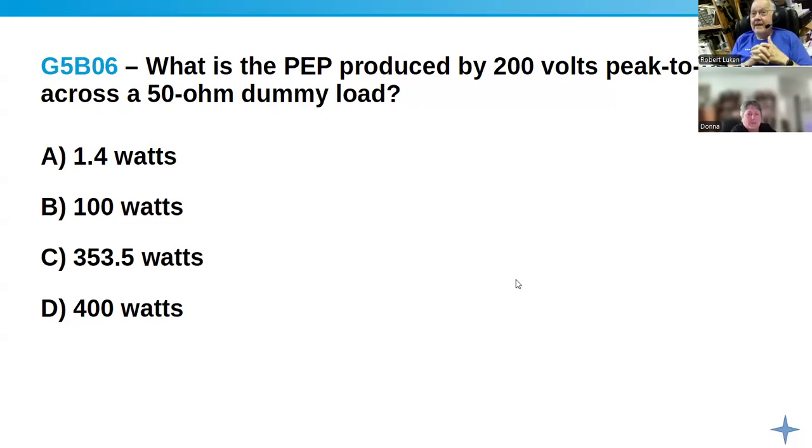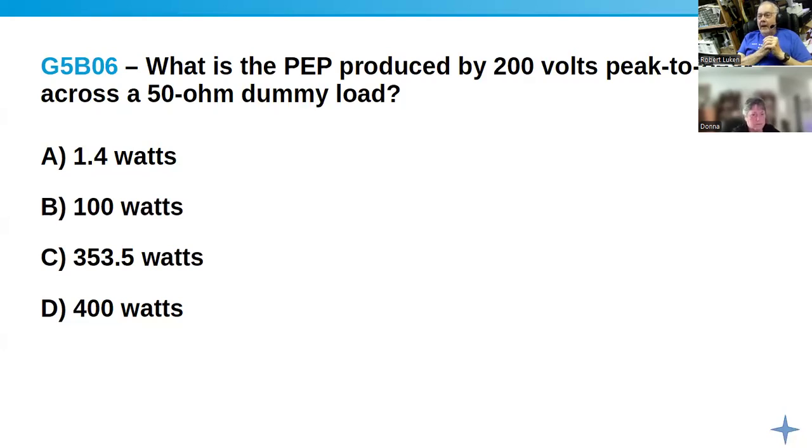What is the peak envelope power produced by 200 volts peak to peak across a 50 ohm dummy load? I don't remember this formula.